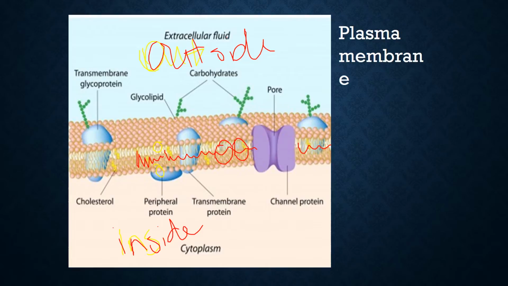The hydrophilic, or polar, ends again have those phosphate heads. Now, for transport of materials, we also have these different protein channels, which tend to be very large in size. And these allow certain molecules to enter and exit the cell.